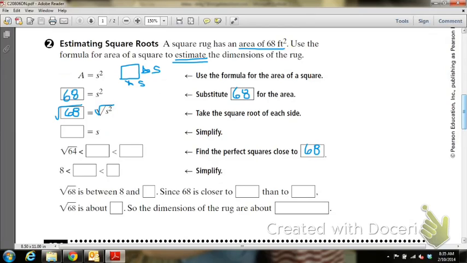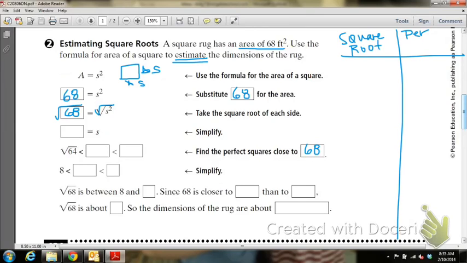So let's talk about it for a second, and I want you to copy this table down. Square root and perfect square.